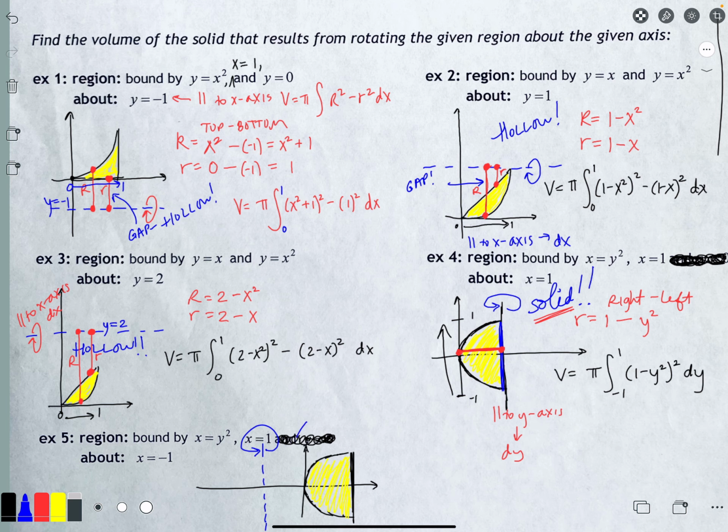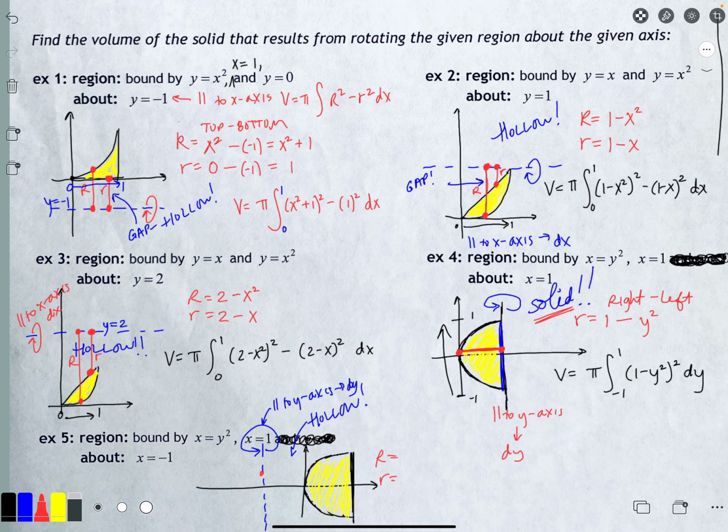So two things. I see the gap. That's definitely hollow. So I'm going to need big R and little r. And I have a vertical axis, so this is parallel to the y-axis, so everything's going to be in terms of y.